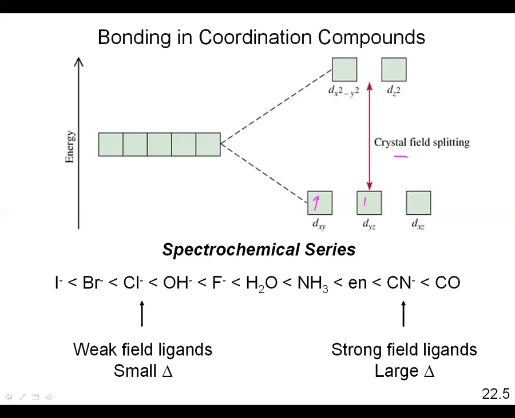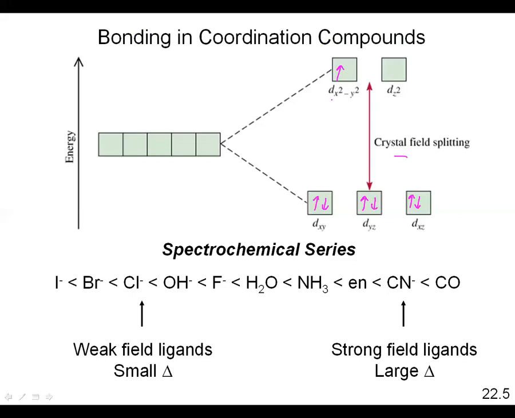When they get to the end, they decide that's way too big to go to the top, so I'm just going to fill down here first, until maybe they're forced to go up at that point. This will give you more paired electrons on the right-hand side with our strong field, while we'll typically have more unpaired electrons with our weak field.